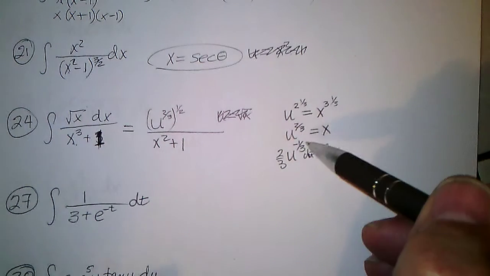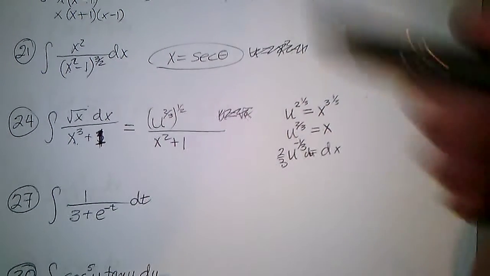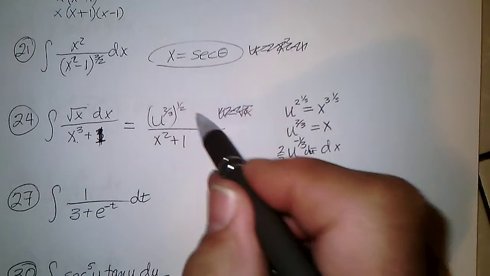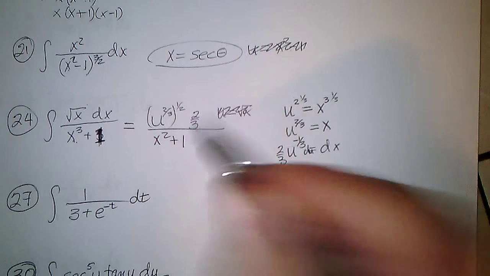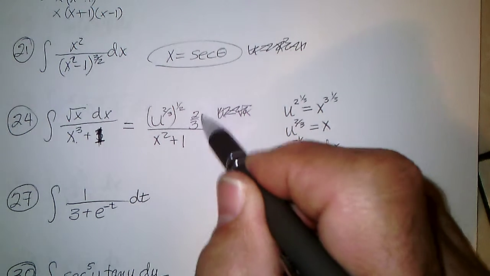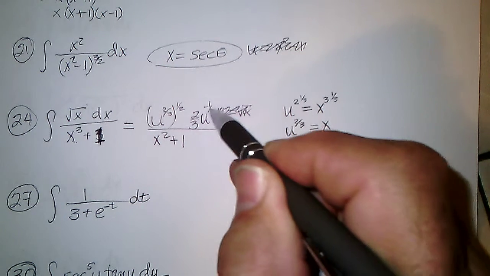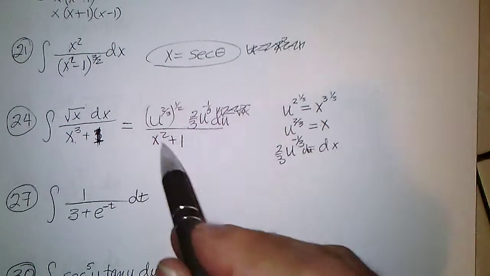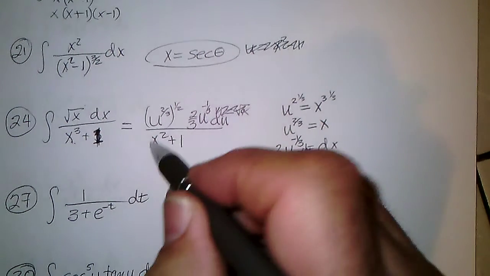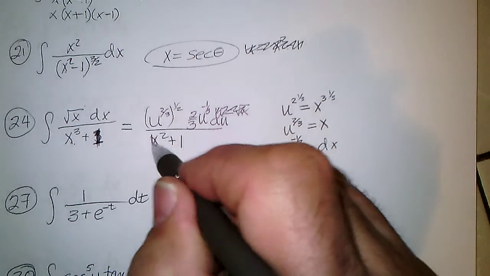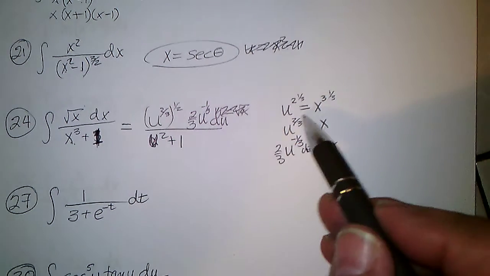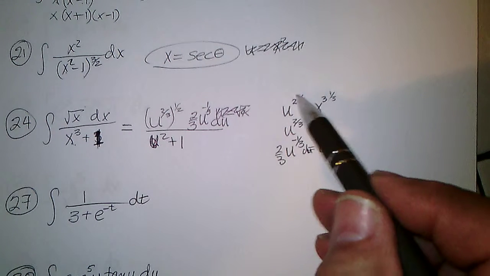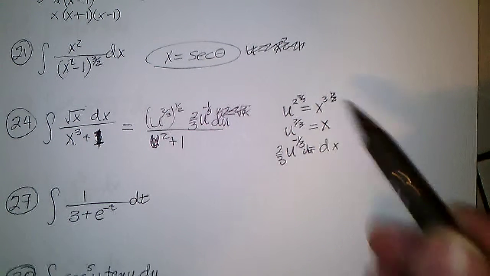So if I do that, I get a 2/3 u to the minus 1/3 du. And u squared would go in here, because u squared was x to the 3rd, going back to my original substitution.